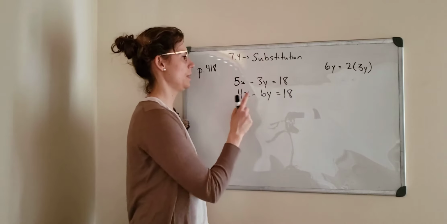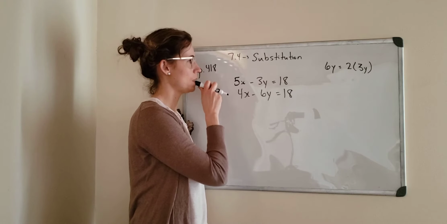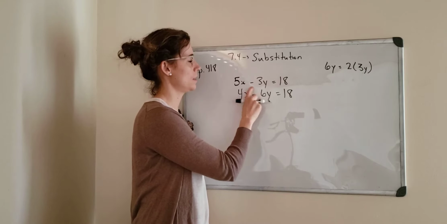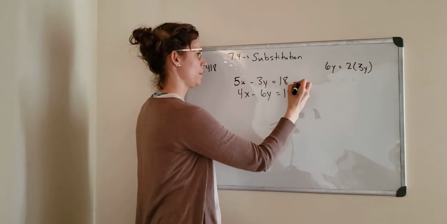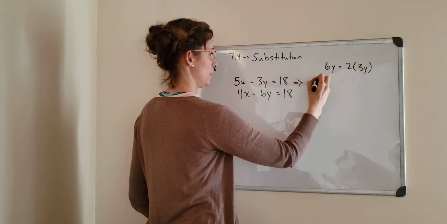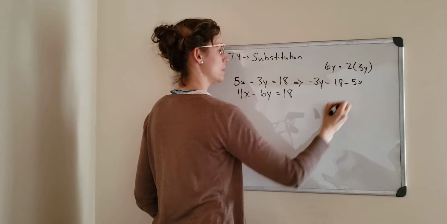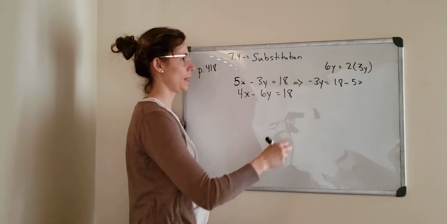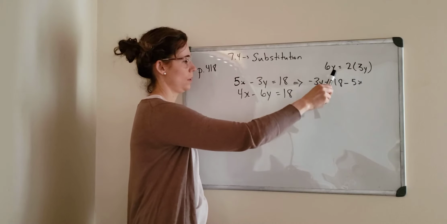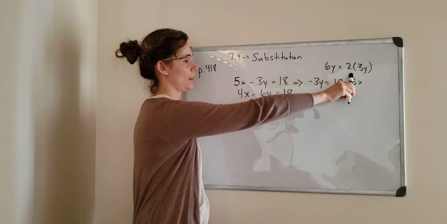First, I am going to isolate this 3y here. So I'm going to say negative 3y equals 18 minus 5x. And I said that I could rewrite this like this.